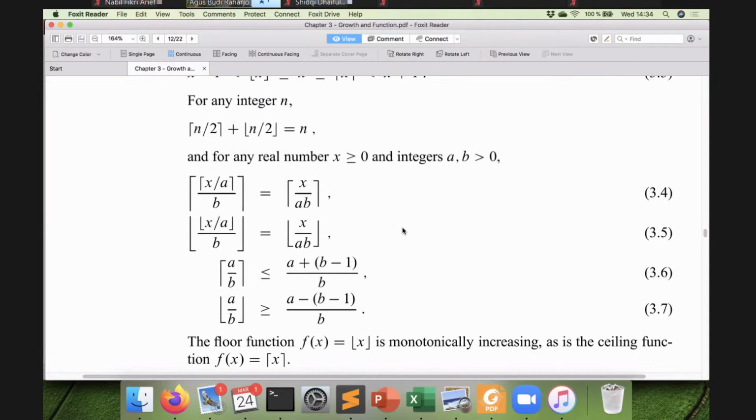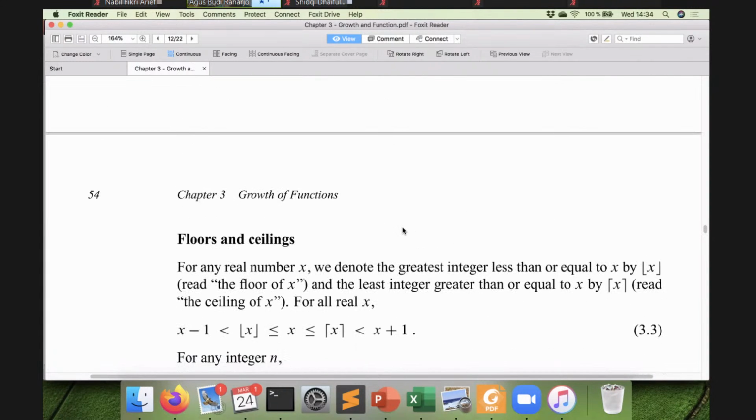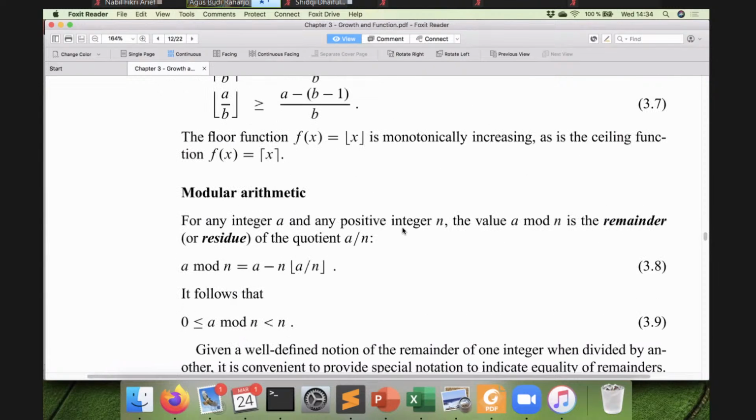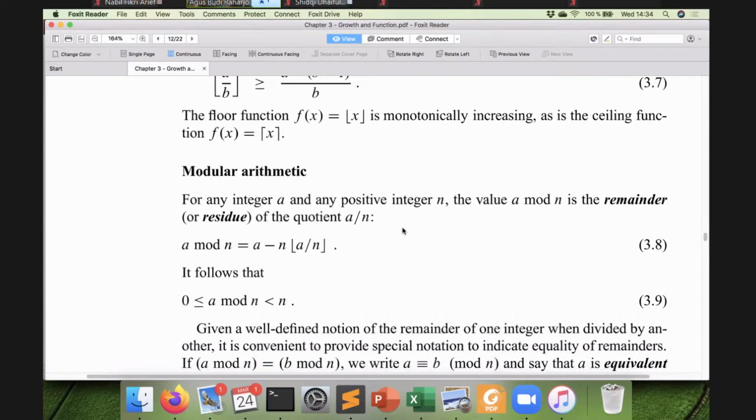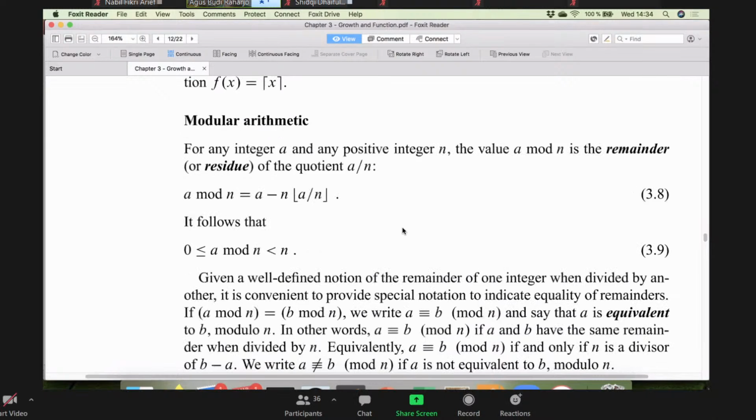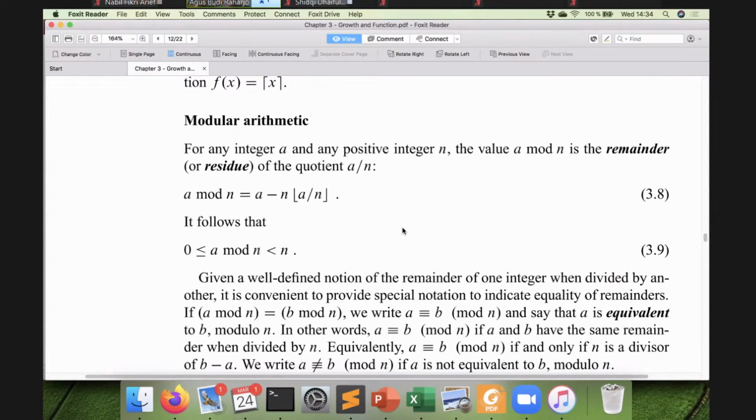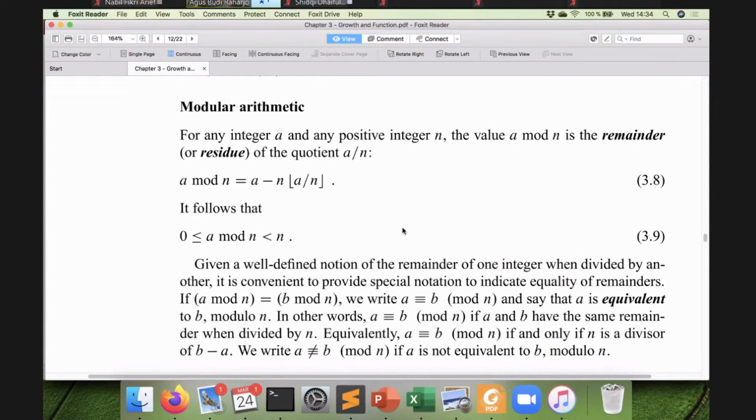So we arrive at floor and ceiling as previously, monotonically increasing, and we apply arithmetic progression. The following is modular arithmetic.